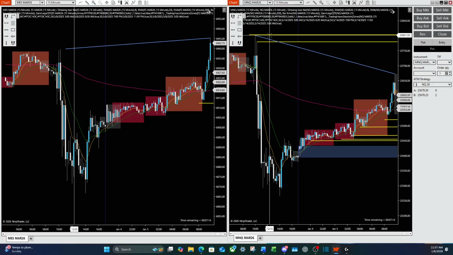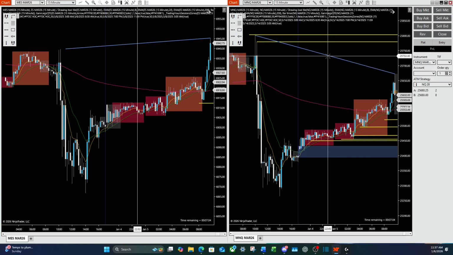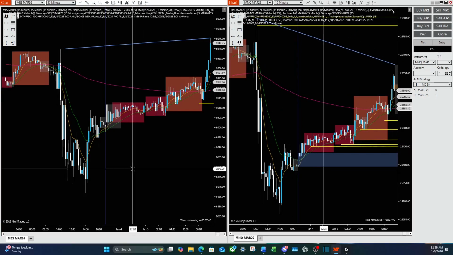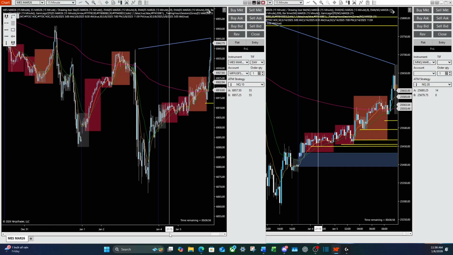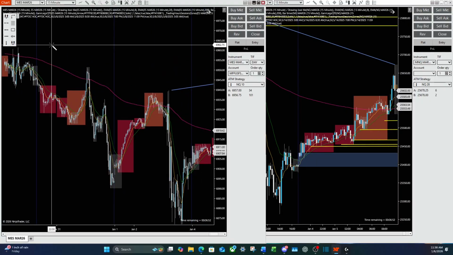We have a high time frame daily, weekly SMT, and now we have an SMT with yesterday's high of day. So once I saw that exactly at market open, paired with the fact that there's not many remaining draws on liquidity to the upside on indexes, except for this level here on ES.